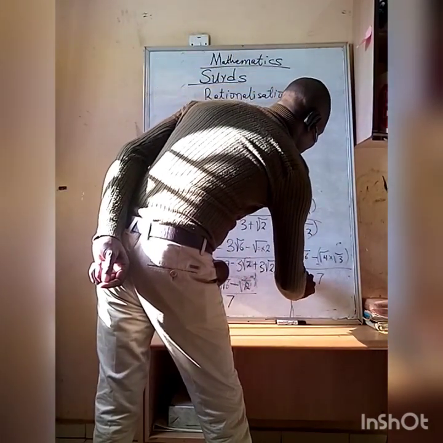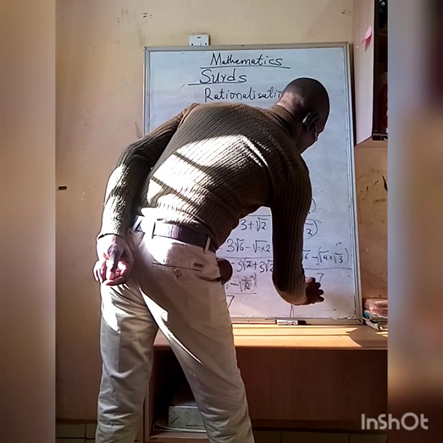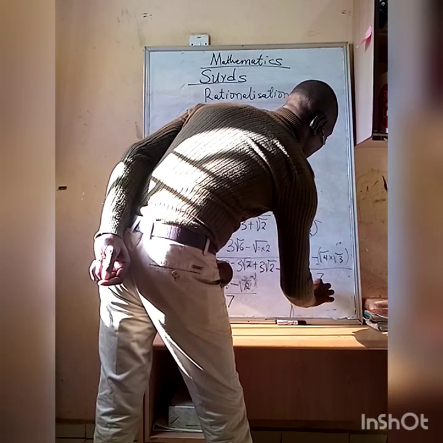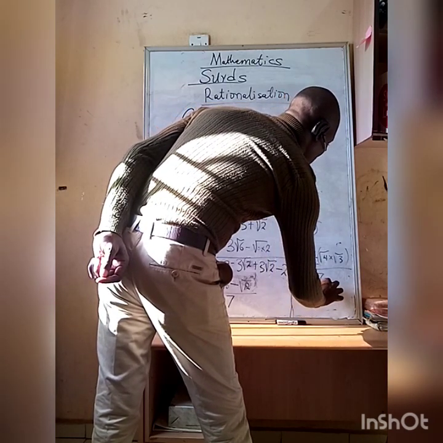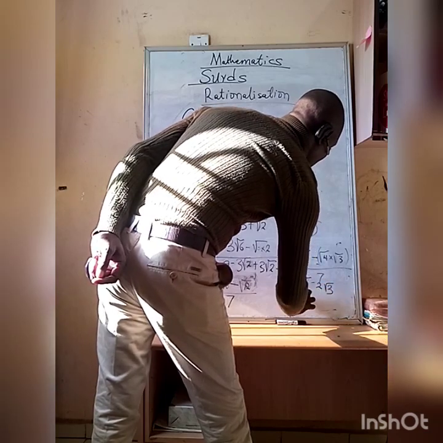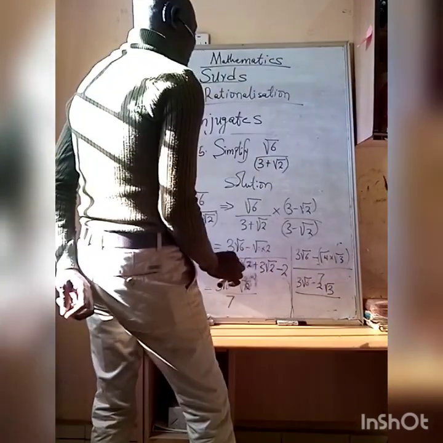So we're now going to have 3 root 6 minus 2 root 3 all over 7.